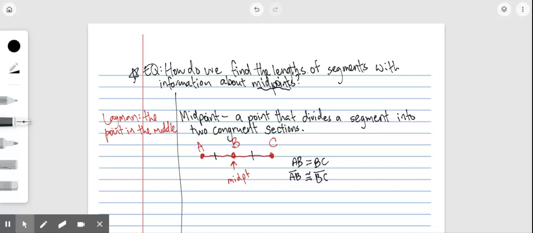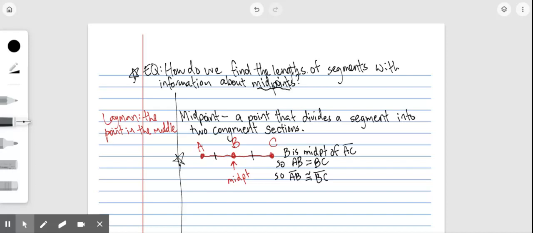As soon as you have a midpoint, you have congruent statements. In fact, I'm going to finish that. B is the midpoint of AC. Therefore, AB equals BC, which means AB is congruent to BC.